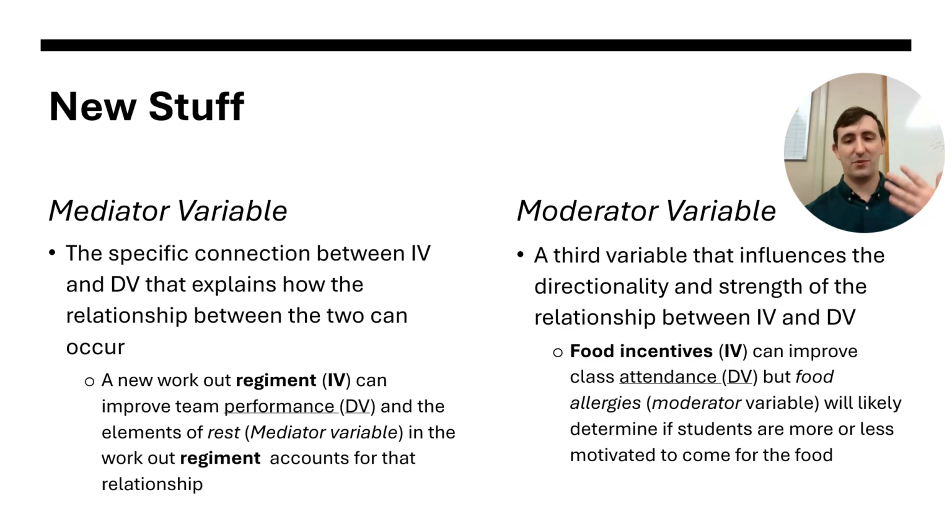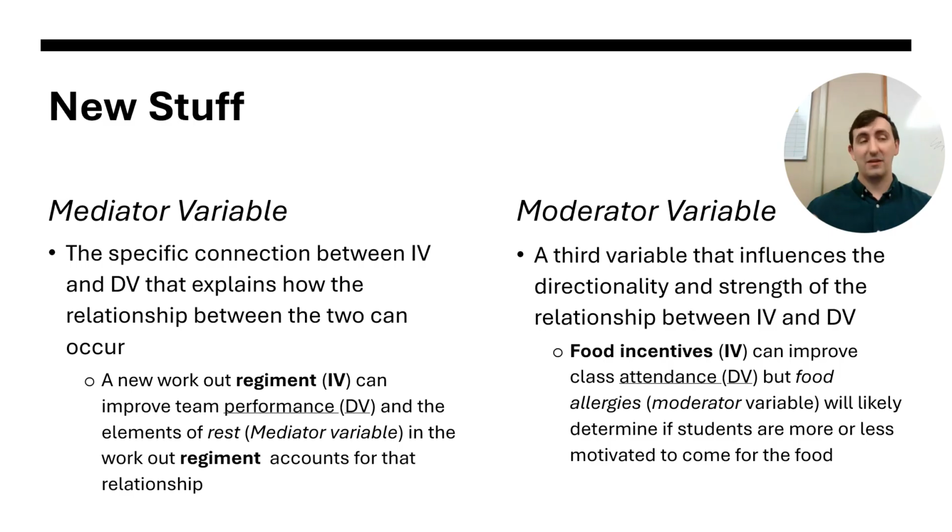If a teacher brings brownies to class every single day, that might impact how much attendance routinely happens. But one thing is food allergies might say if someone shows up more or less, right?